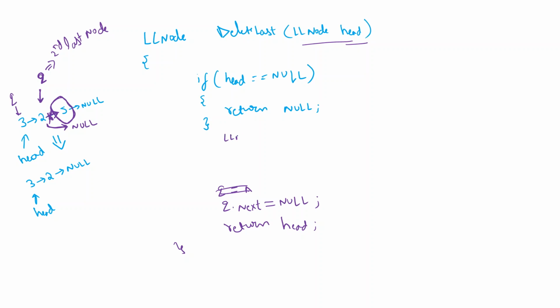So you have something like this, and then you do while q dot next not equal to null. When I wanted to move q to the last node. So now since I want my q to be at the second last node, I'll do something like this.